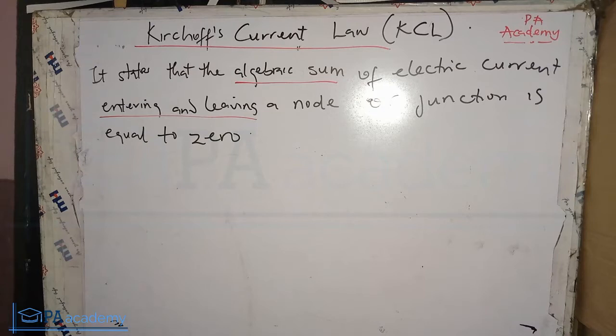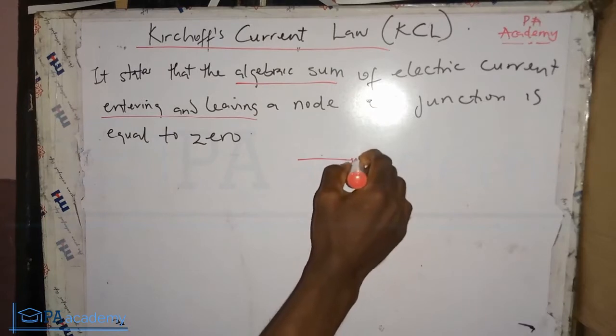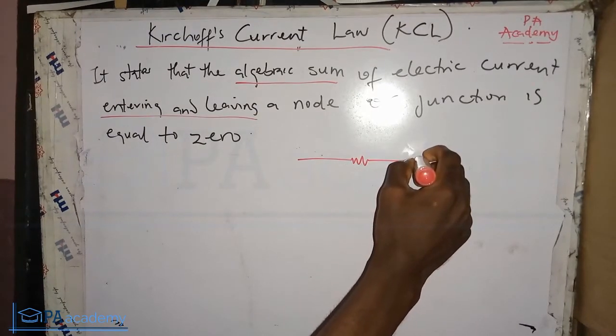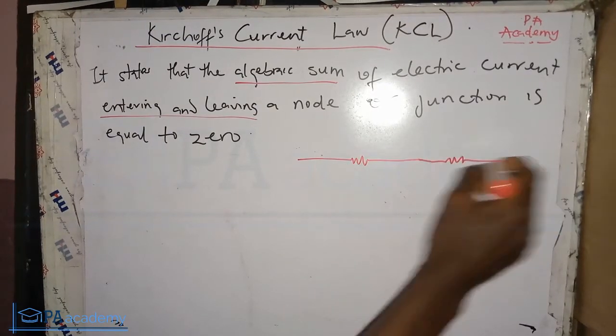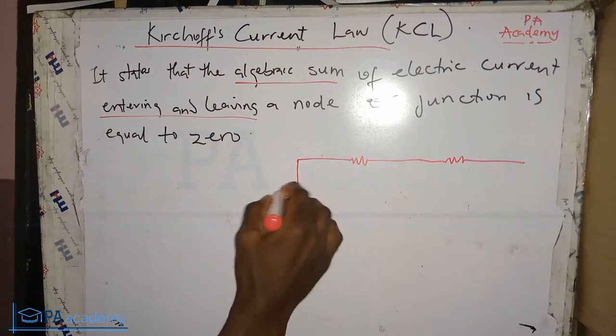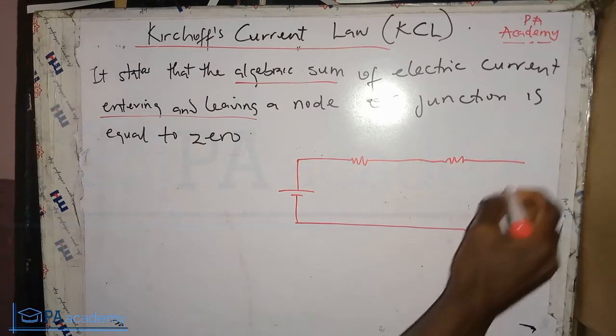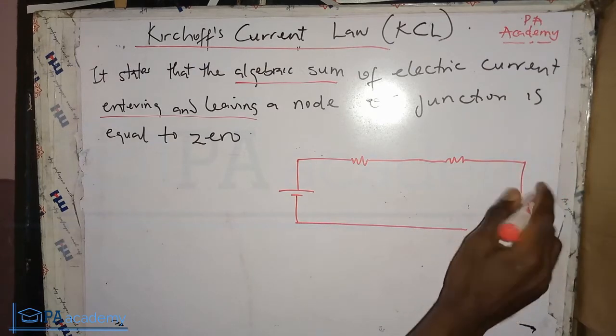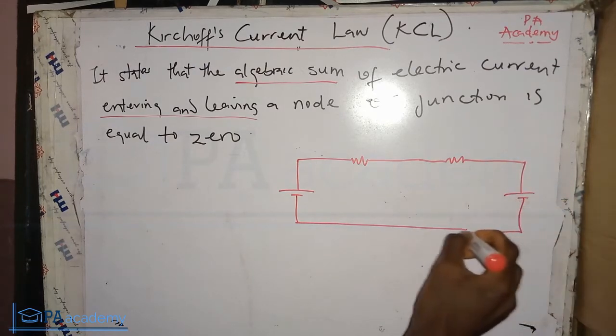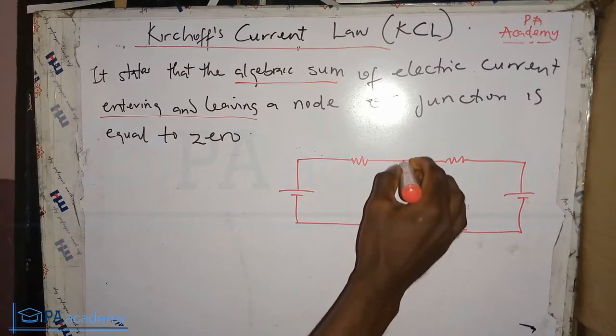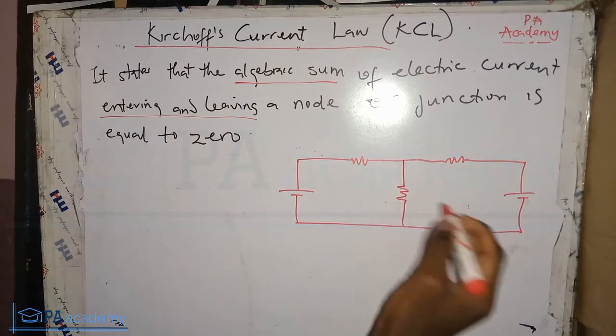Now, for us to explain this, we first have to draw a circuit. So let me just draw a circuit here. If you have something like this, and then here we have a voltage source, and then we have another voltage source here, and then right there we have a resistor.